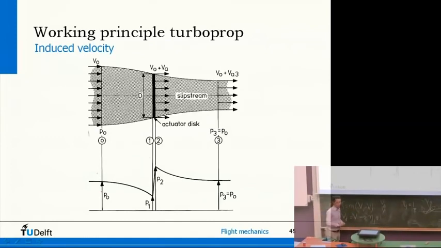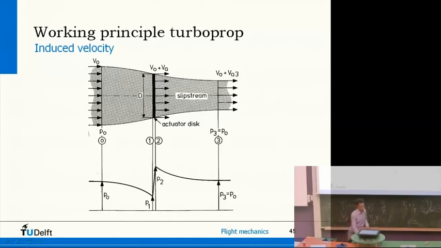One thing you have to be aware of is that this picture I've drawn here isn't completely true, because the air is actually accelerated through the disc. So the airflow at the disc of the propeller is a bit higher than the actual airspeed of the vehicle.